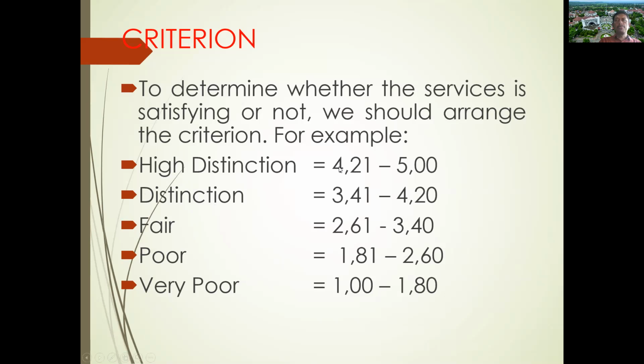The criteria would be on the mark of 1.00 to 1.80 for very poor, 1.81 to 2.60 for poor, 2.61 to 3.40 for fair, 3.41 until 4.20 for distinction, and then 4.21 to 5 for high distinction.